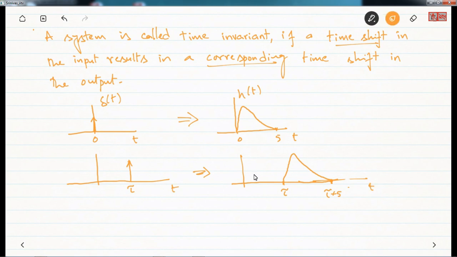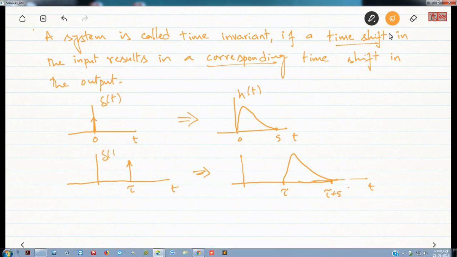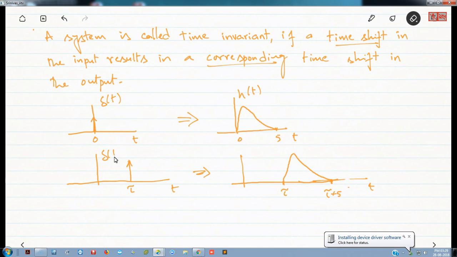So the response of the system simply gets shifted in time. This is delta of t minus tau. Right? So this is a time invariant system.